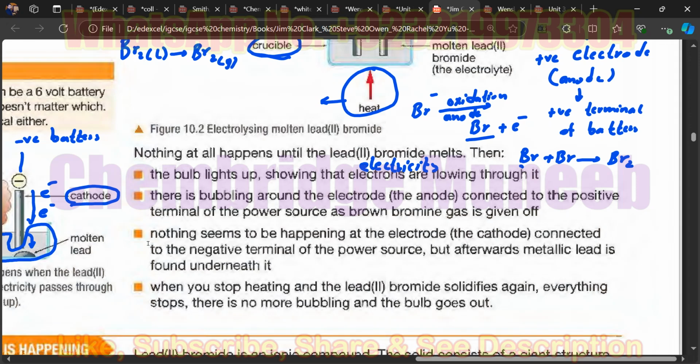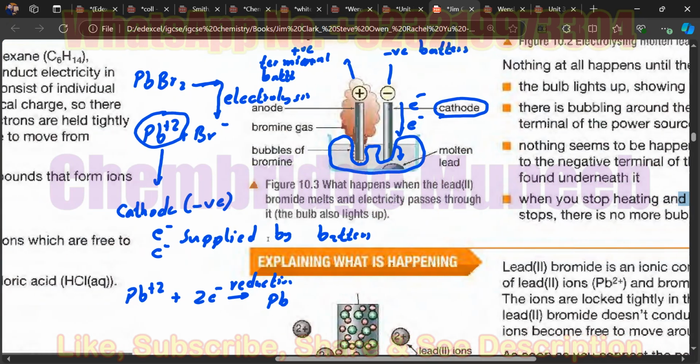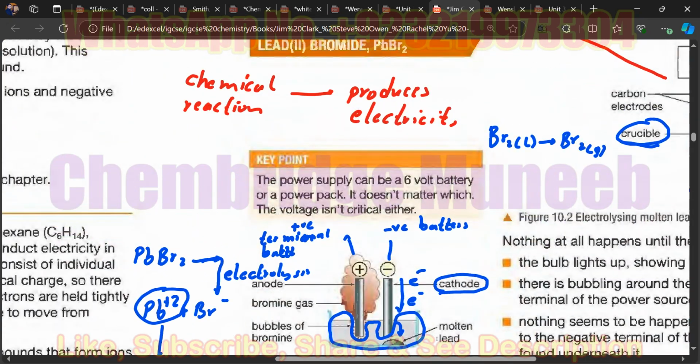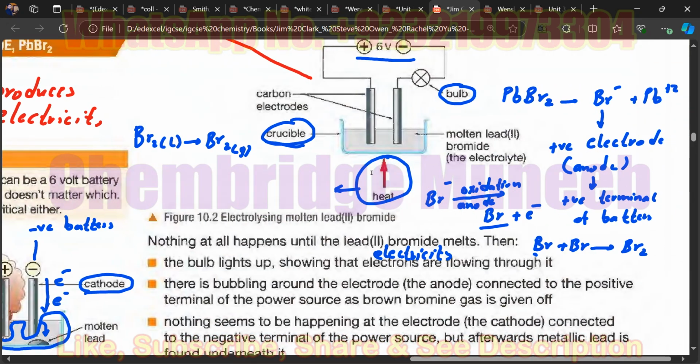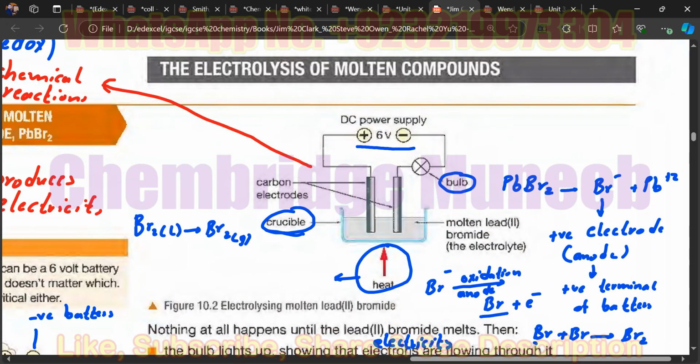Okay. The next is, when you stop heating and the lead bromide solidifies again, everything stops, there is no more bubbling. So here we were providing the heat. If we stop the heat supply, then as a result the lead bromide will no more remain in the molten form and it will convert into its solid form.